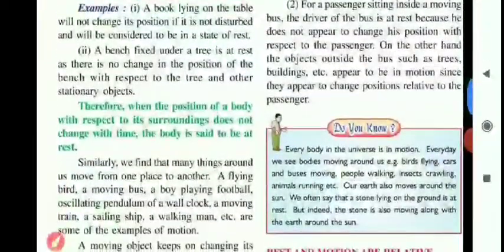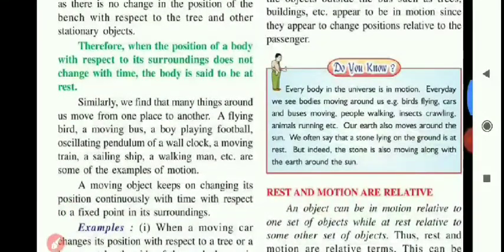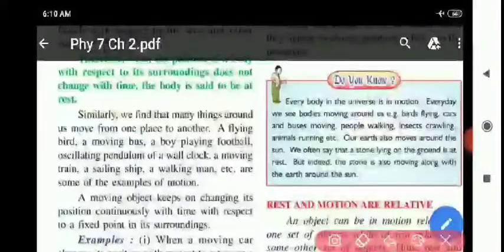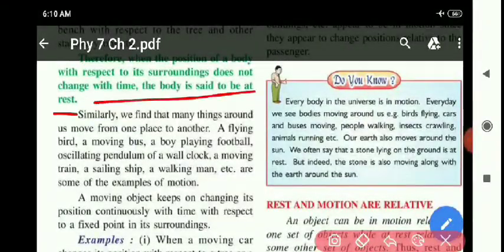Therefore, when the position of a body with respect to its surroundings does not change with time, the body is said to be at rest. Similarly, many things around us are moving from one place to another, and a lot of examples are there.